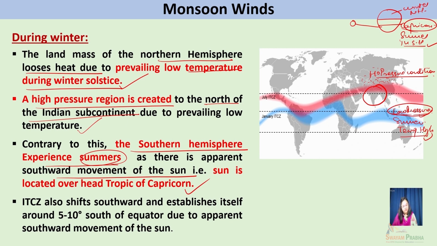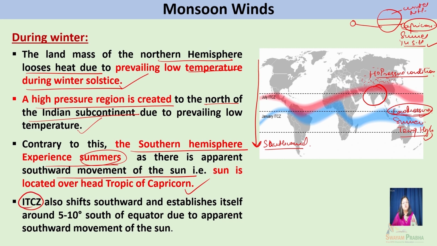Because you have summers in the southern hemisphere, all the pressure belts shift southward, including the intertropical convergence zone. We have discussed pressure belts in detail in the earlier videos. Please go and check the shifting of pressure belts to understand this concept better.